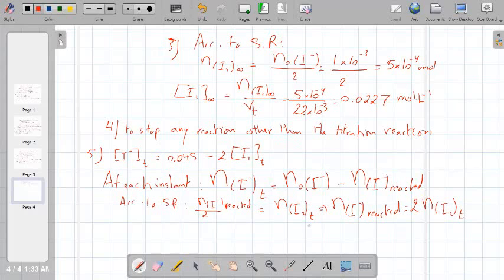We replace the number of moles of I minus reacted by 2 times the number of moles of I2 formed in this relation. Then the number of moles of I minus at instant t equals N0 I minus minus 2 N I2 formed at instant t.